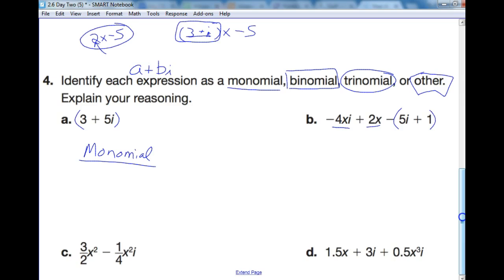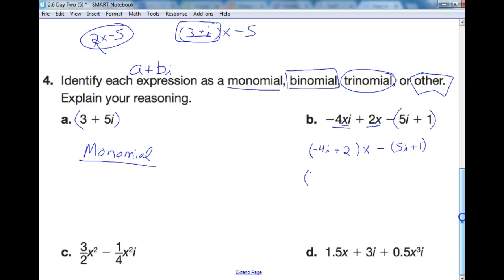It's close, but this is a binomial. This is a binomial because do you see these first two have that common factor of an x? So I could theoretically retract that x off, look at it as a negative 4i plus 2, a really gross coefficient, minus 5i plus 1, I really don't like it.